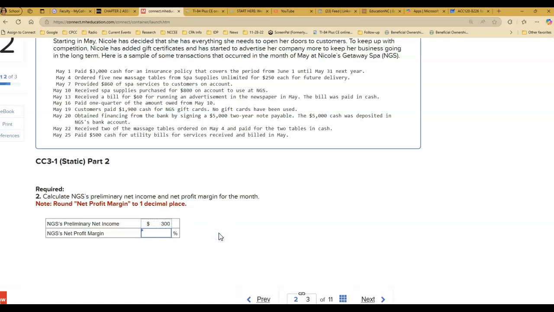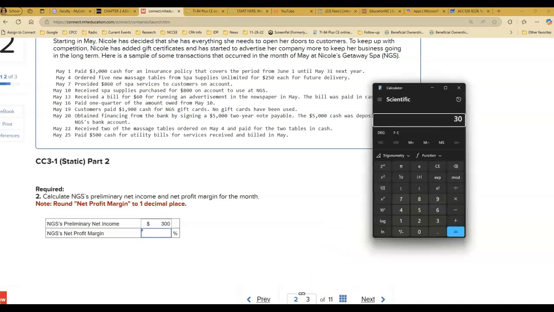The net profit margin is the 300 divided by 860, okay?